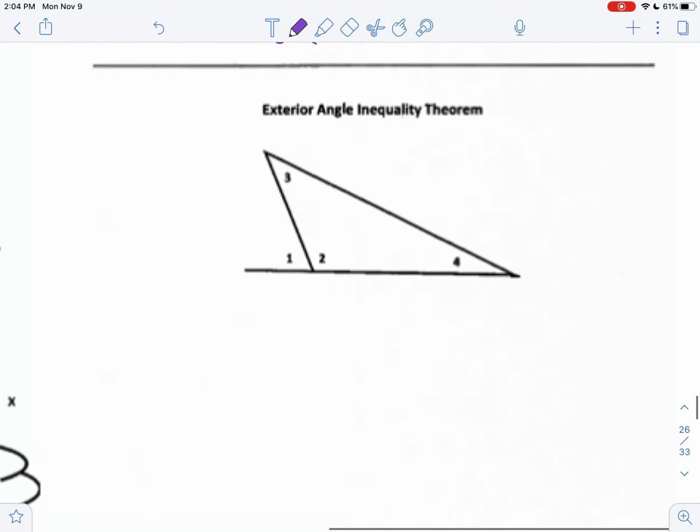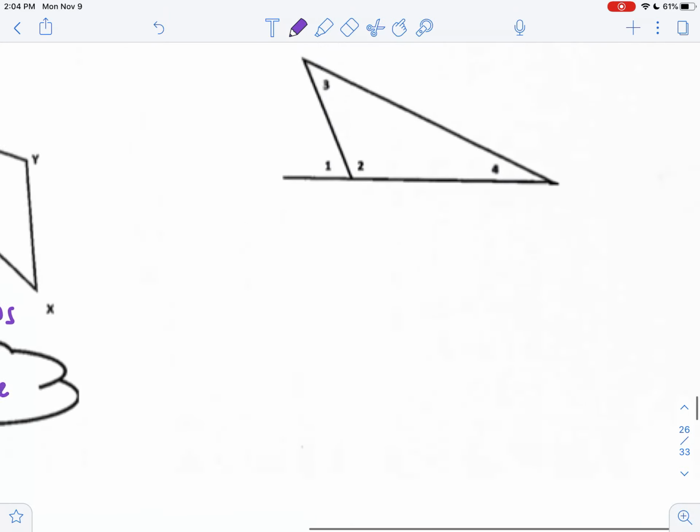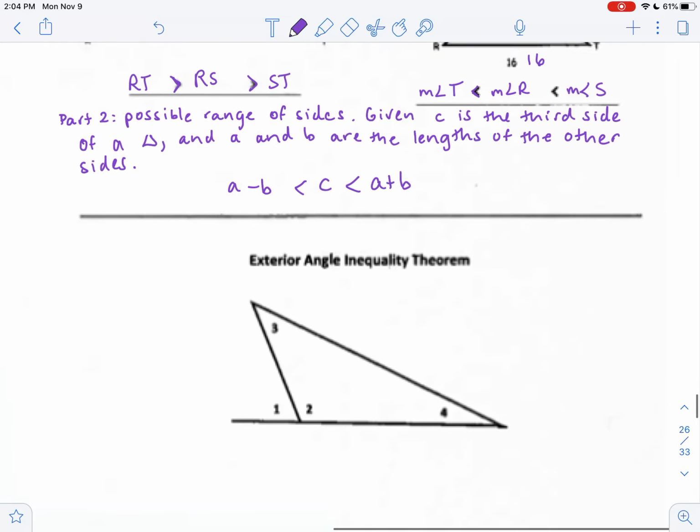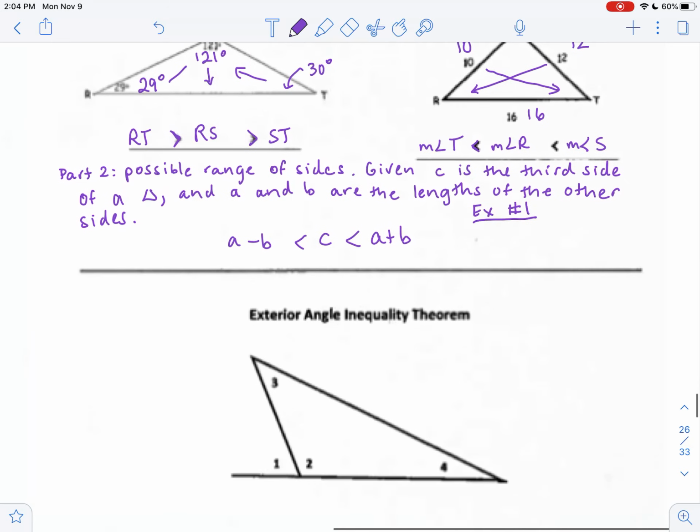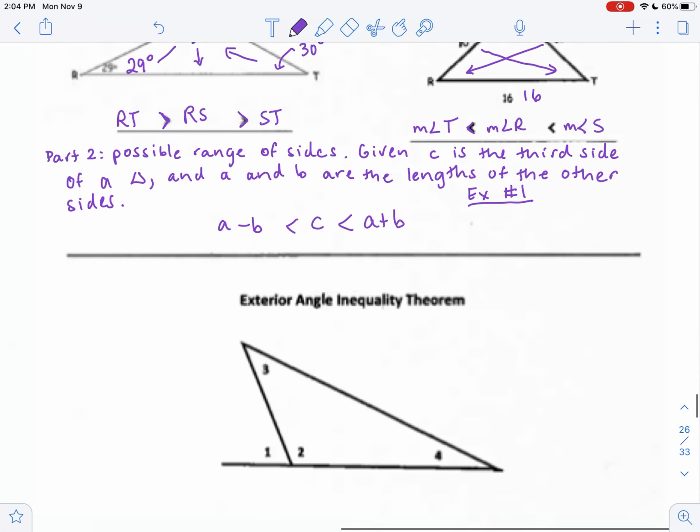Okay, so actually let's do an example here so that it's right underneath this problem. Example number 1, let's say you were given A equals 4 and B equals 6. What is the possible range of the third side?